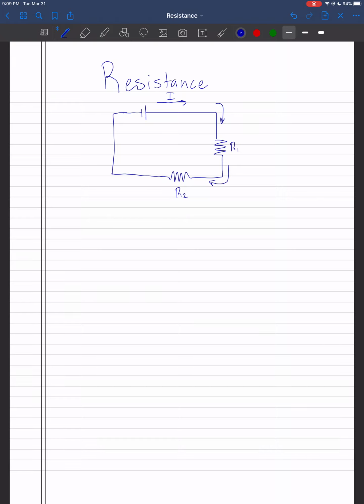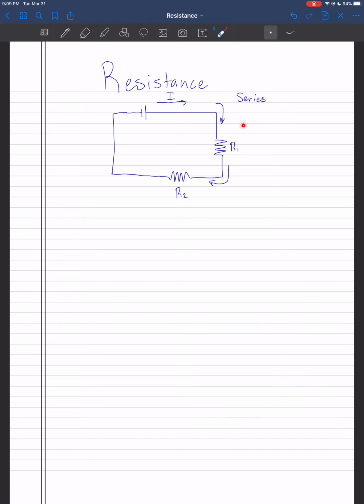Now, you might be asked to find the total internal resistance of something, okay? First of all, I want you to understand that this is a series setup, okay? This whole setup is in series because it's one thing after the other. They're not right next to each other, and you'll see what I mean by that later.